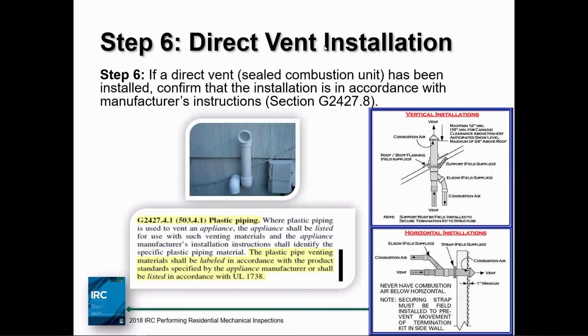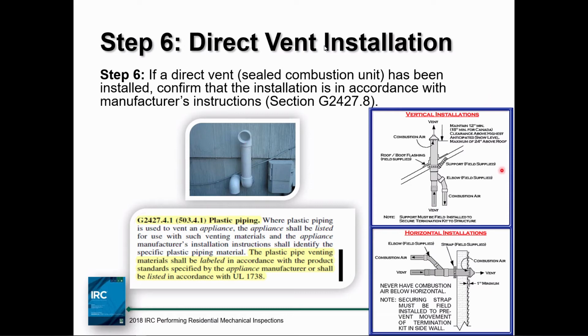Last one right here is the direct vent installation, step 6. If we take a look at this for category 4 appliances specifically, there's some new information here, and I'll tell you how this came about, ladies and gentlemen. These are our 90+ furnaces and our high efficiency boilers, and we take in the combustion air from a pipe and exhaust the products of combustion from a plastic pipe.